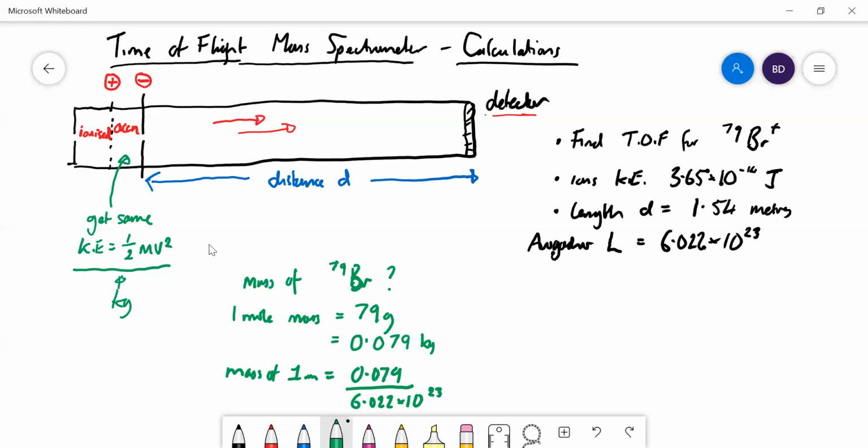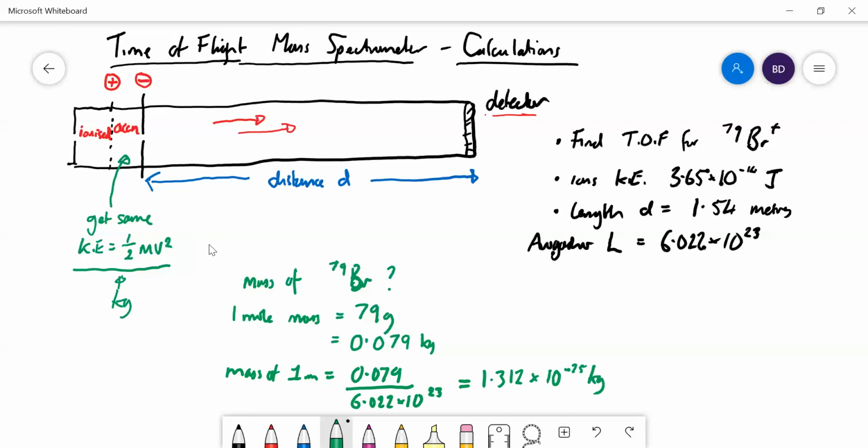That is equal to 1.312 times 10 to the minus 25 kilograms. Okay, so we know the mass.